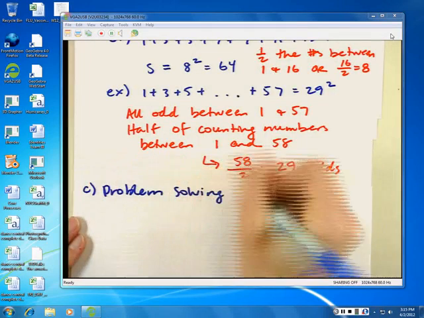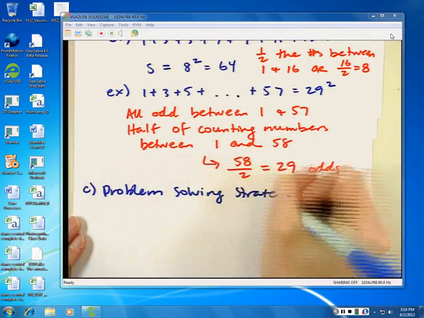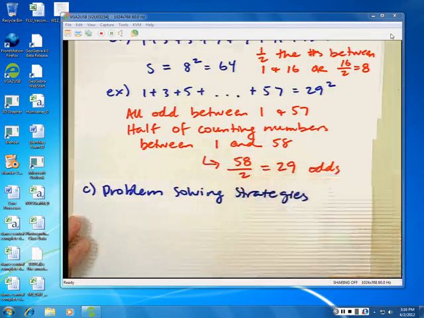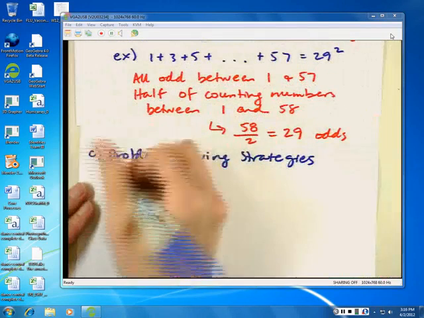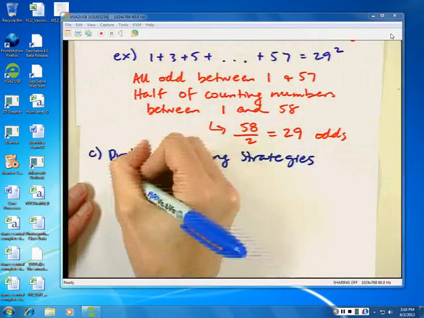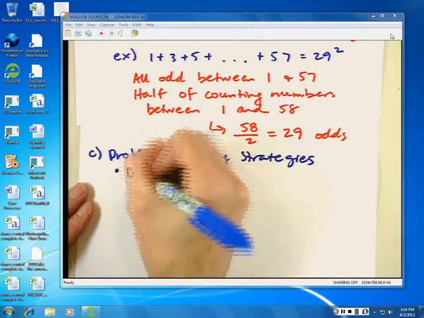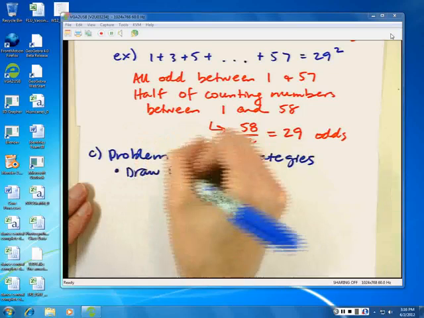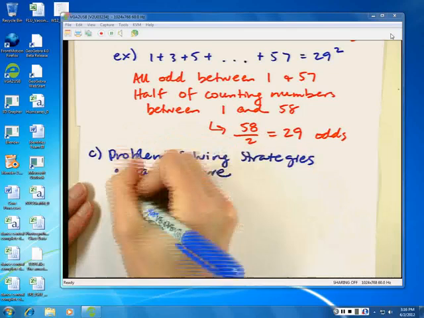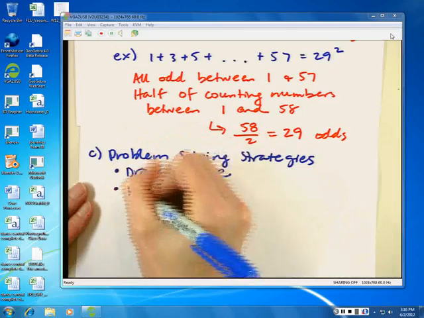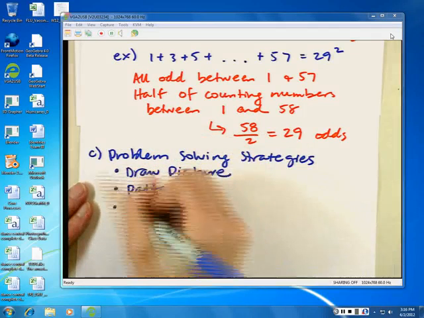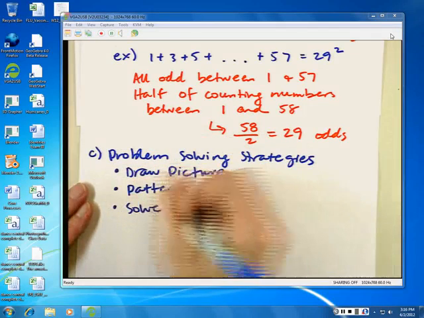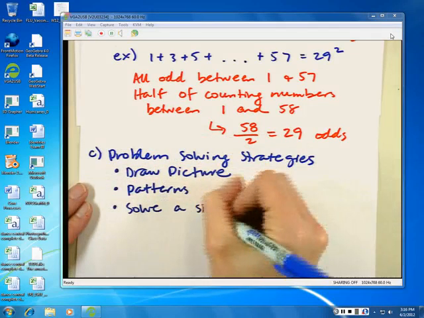Problem-solving strategies. I'm going to just jot a few things down here. I'm sure these are things that you have thought of and probably used in some different math classes. So some good problem-solving strategies would be draw a picture, look for patterns, just like we did here up above, maybe solve a simpler problem.